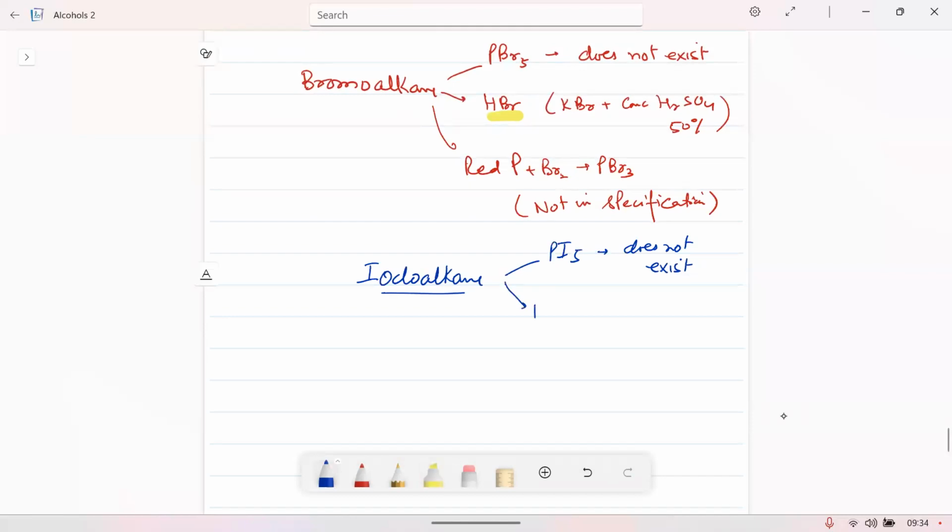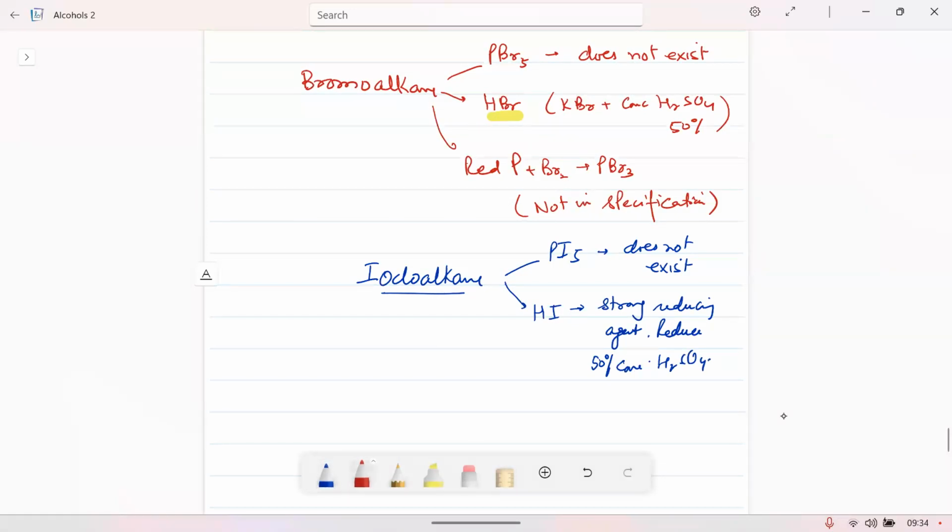The second thing is you could have used HI, but we know this is a strong reducing agent, so we cannot use it. It can reduce it further. Instead of a stronger reducing agent, it can reduce even the 50% concentrated H2SO4.